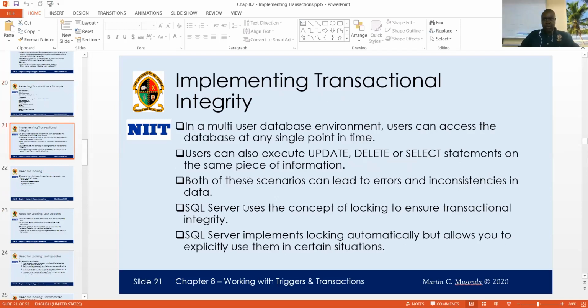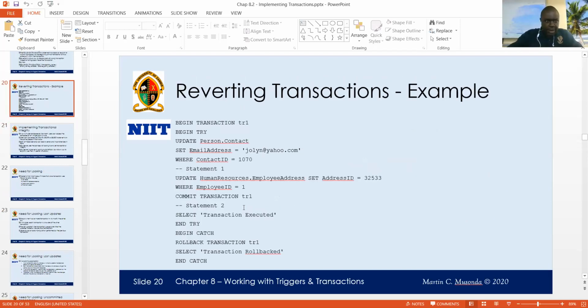Last time we ended at looking at this example of how to revert transactions.